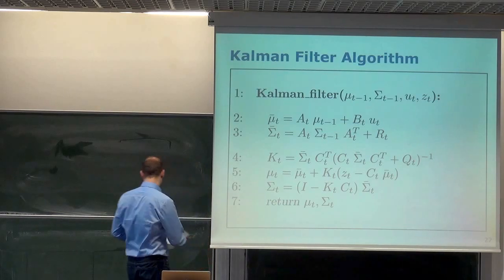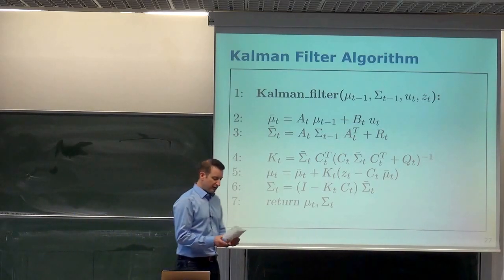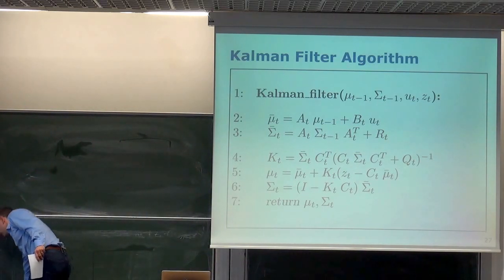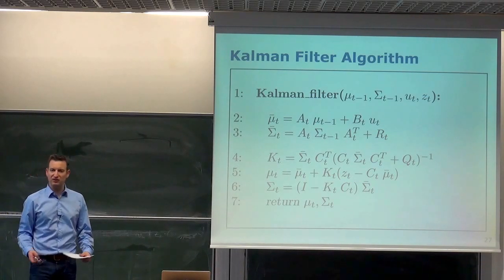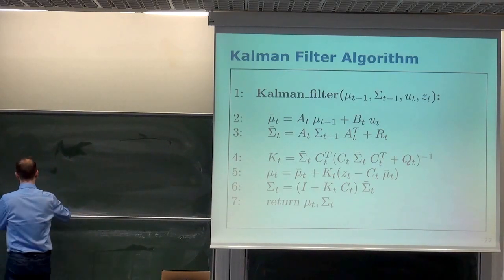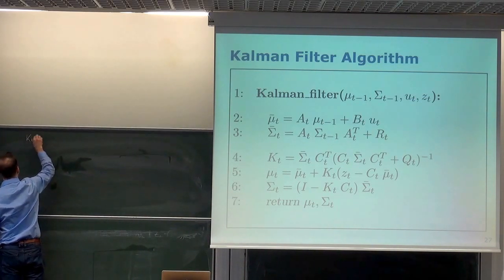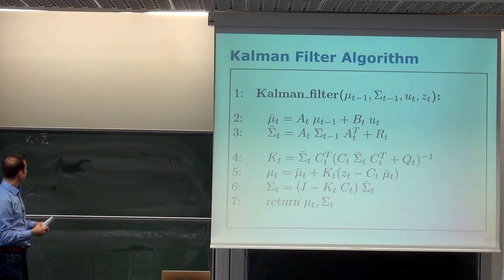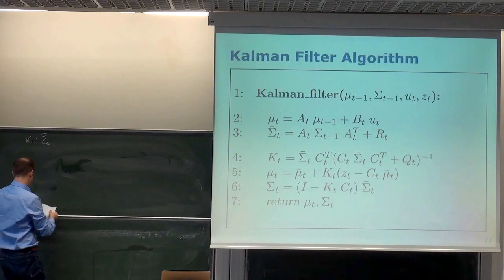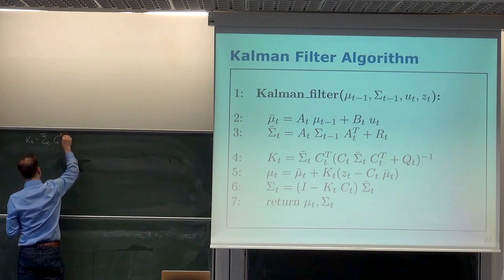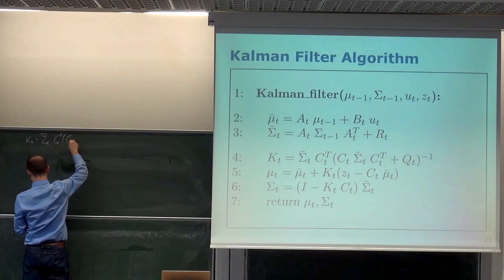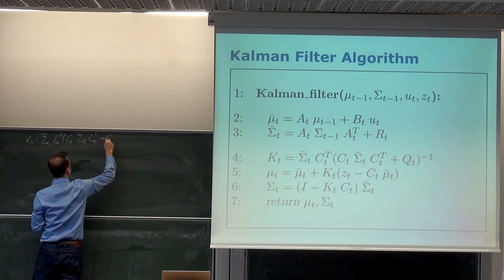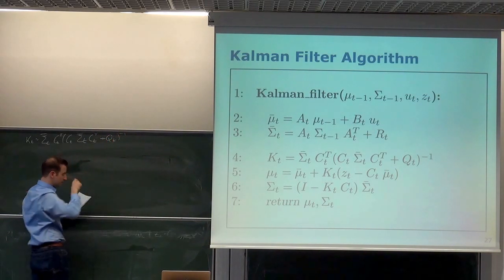Just want to go back to the algorithm, make a short example, just to illustrate the extreme cases of having a very good observation or a very, very crappy observation. So I have a high quality sensor and a low quality sensor. So what do we have? We have our Kalman gain, which is the uncertainty of my predicted belief, C_T transposed, times C_T sigma bar_T C_T transposed plus Q_T, inverse.